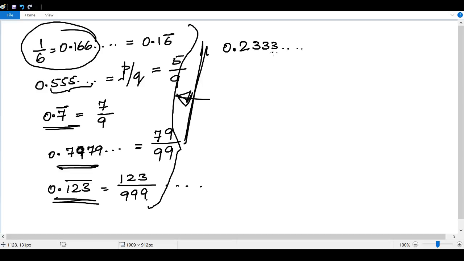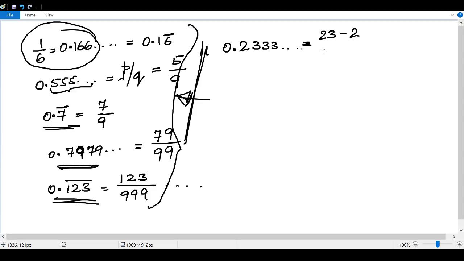So when you have a mixed recurring number, the conversion of this into p by q will be that I will now write all the digits that I see which are distinct, and from this I'll subtract the digit which is not repeating.